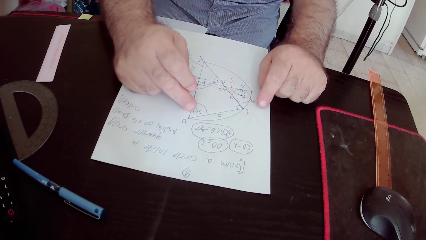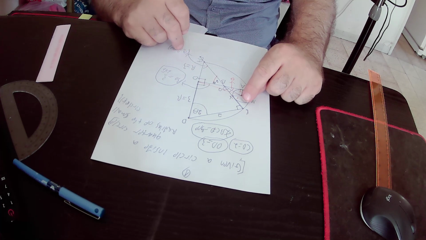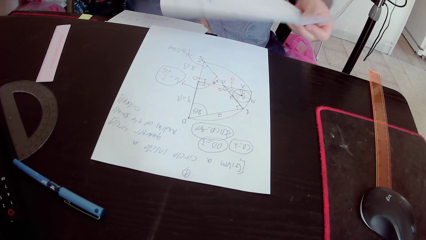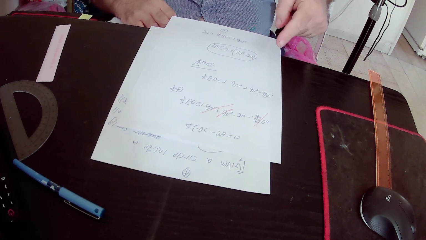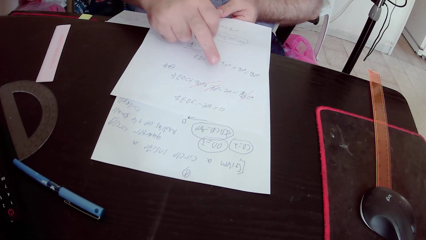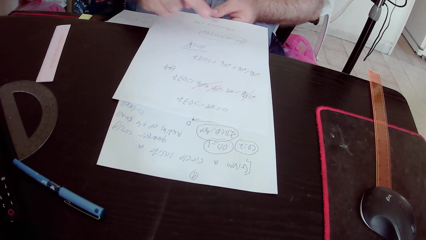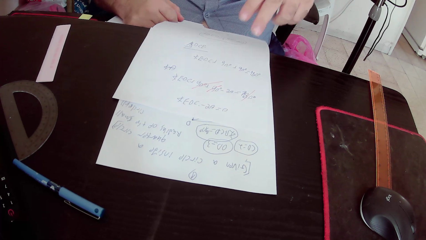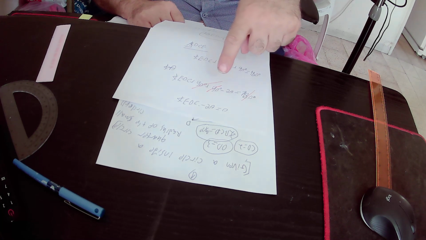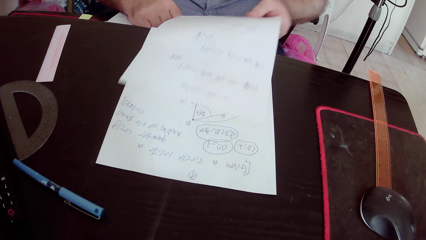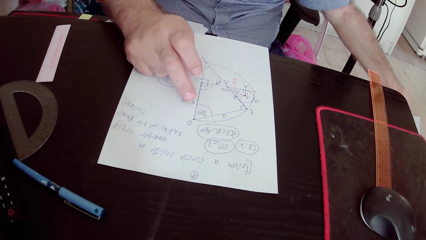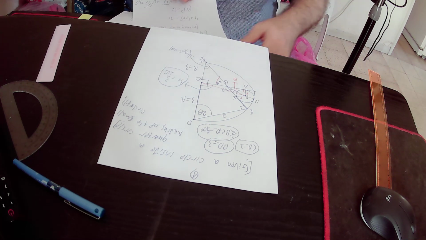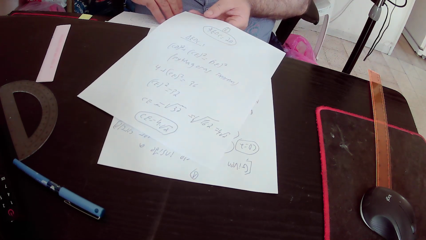Therefore, the size of angle ECD plus 90 degrees plus 90 degrees minus 2 theta must equal 180 degrees. From this equality we got that angle EDC equals 2 theta.